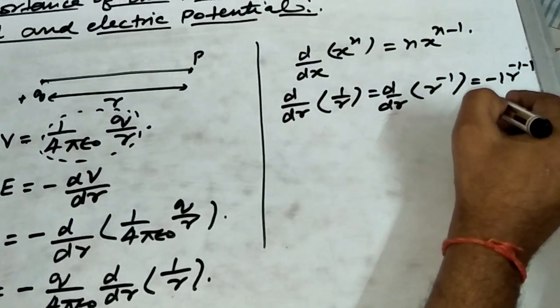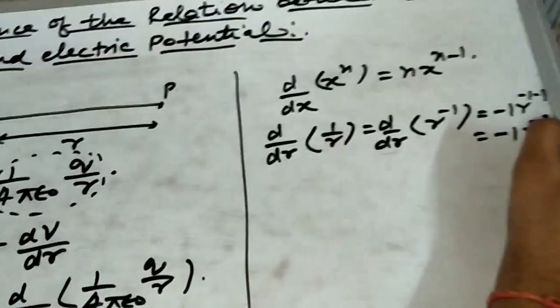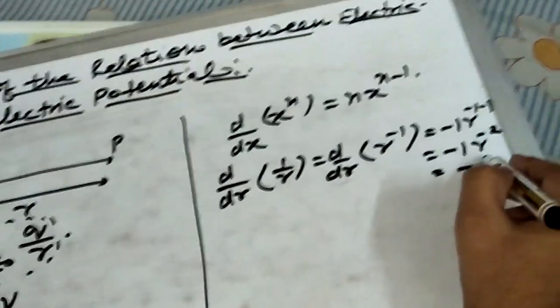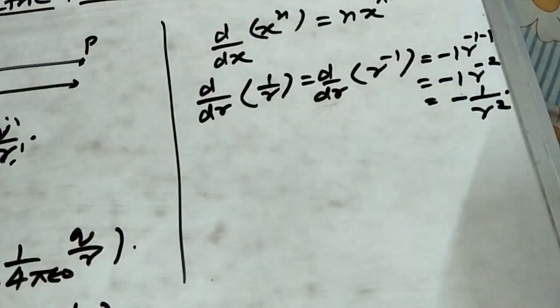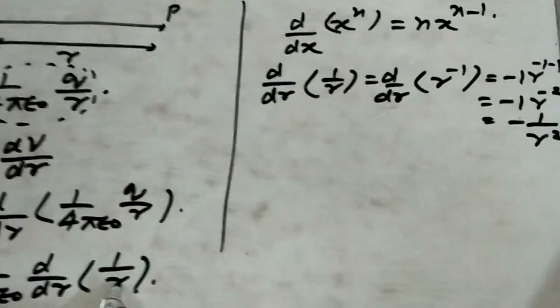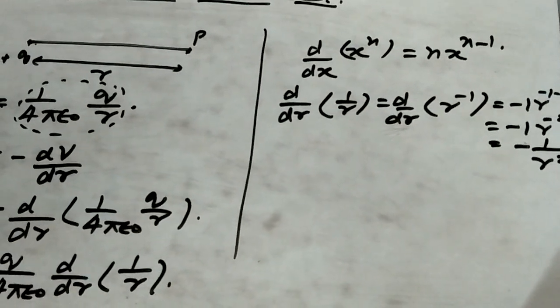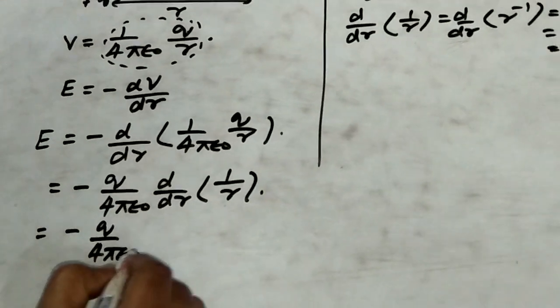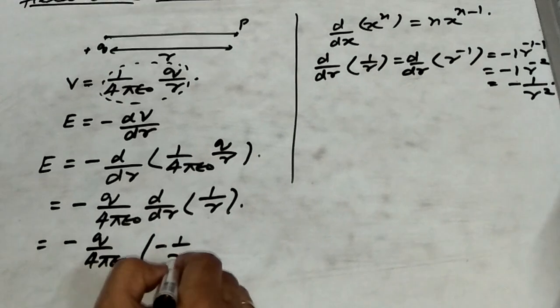It means you can write this as minus 1 into r to the power minus 2, or simply minus 1 upon r square. So in place of d dr of 1 upon r, you can write minus q upon 4 pi epsilon naught, and here minus 1 upon r square.